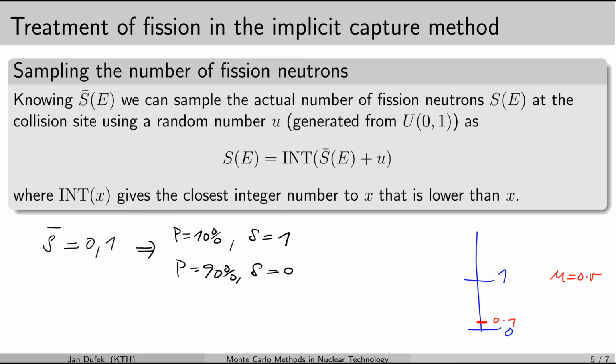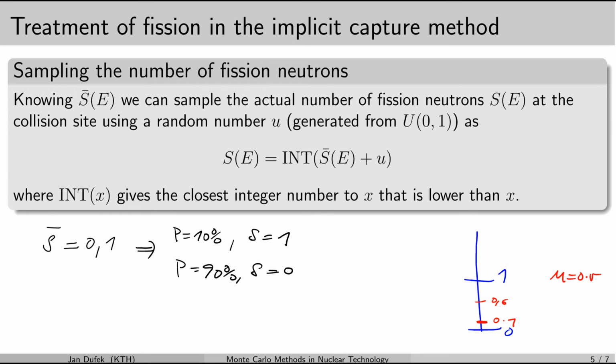So when I sum it up with 0.1, that will give 0.6. Then I will apply the int function on it. So the closest integer number to 0.6, which is smaller than 0.6, is 0. So in this case I will end up with 0 fission neutrons.